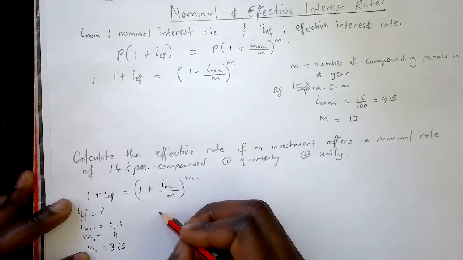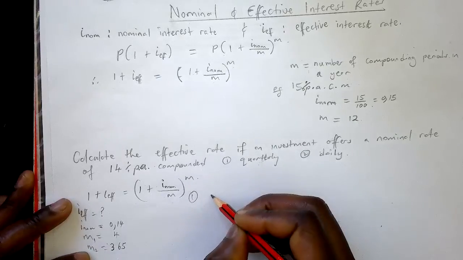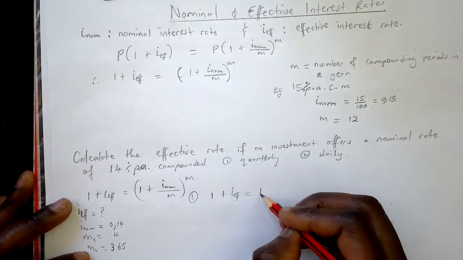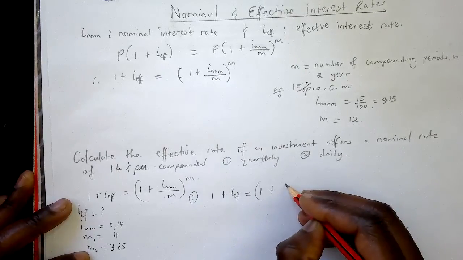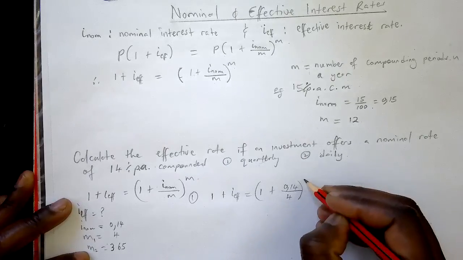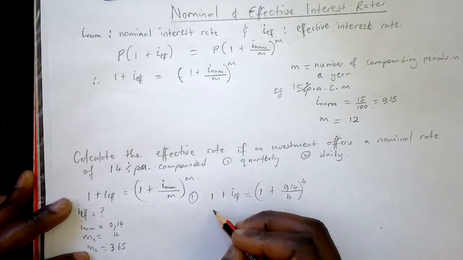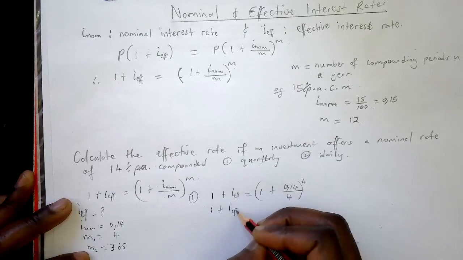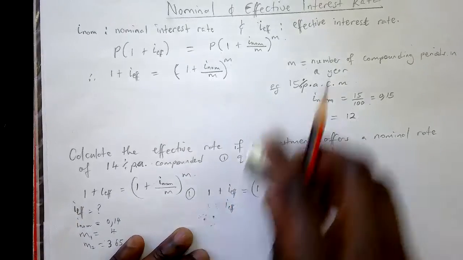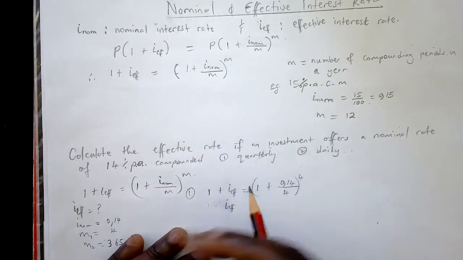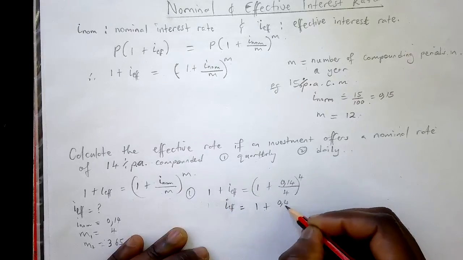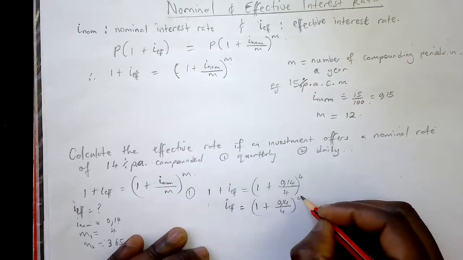So now let's find the first one. 1 plus i effective is going to be equal to 1 plus 0.14 over 4, to the power of 4. Then i effective is going to be equal to 1 plus 0.14 over 4, to the power of 4, minus 1.